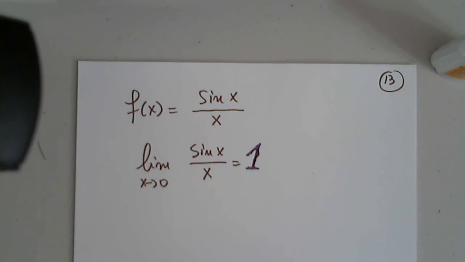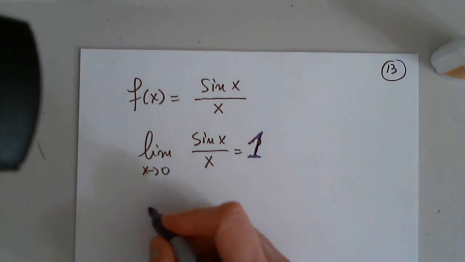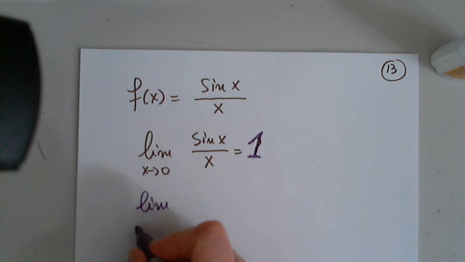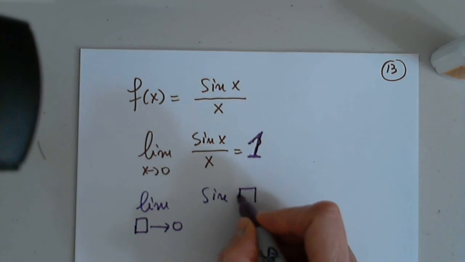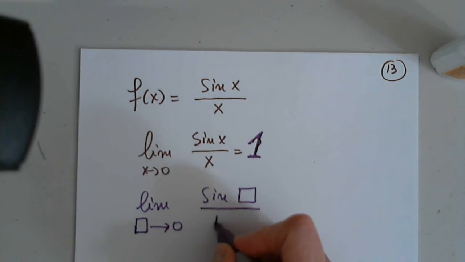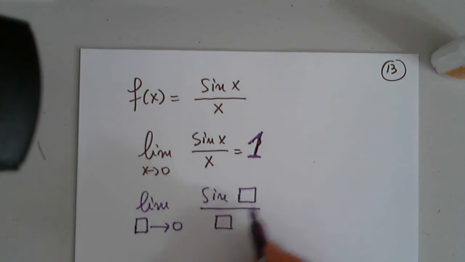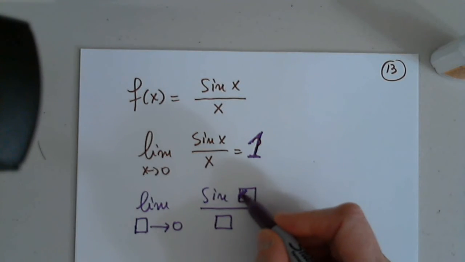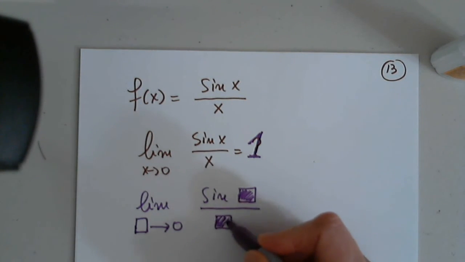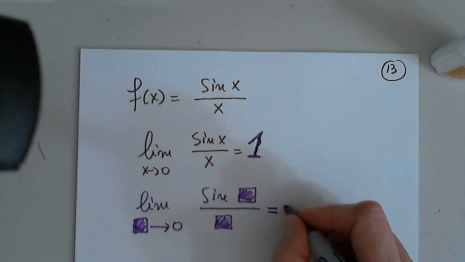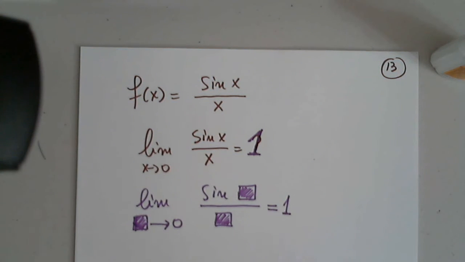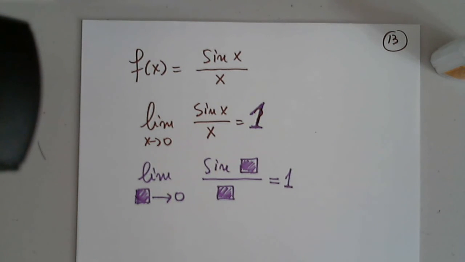But this is such an important situation that it needs a lot of explanation. My rectangles are not all equal, but please assume that they are. This answer will always be 1. And let me give you a few examples.